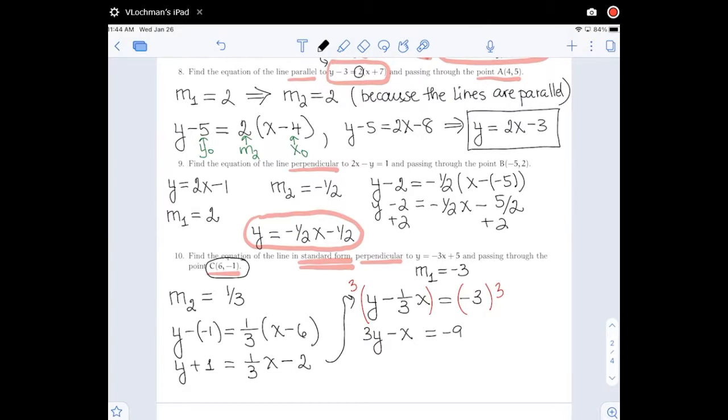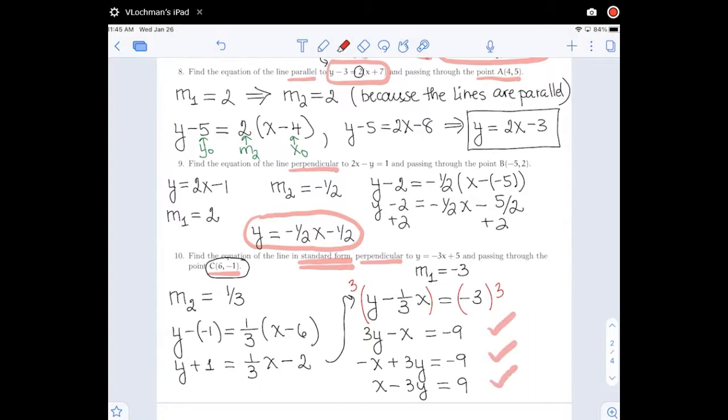Okay, you can keep it as is. If you feel like rewriting it with x first, that's fine too. And some of you would probably prefer negative, and positive x. That's also okay. So just make sure you change the signs for all of them. This becomes positive 9. So all of these are okay. So this one is fine, this one is fine, this one is fine.